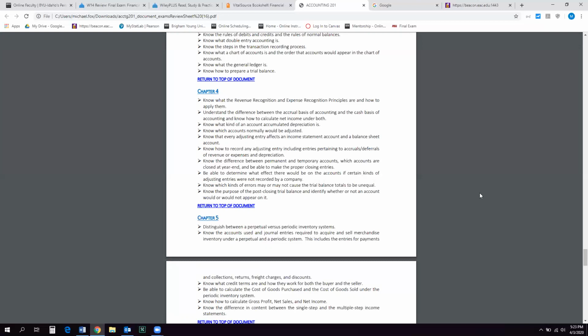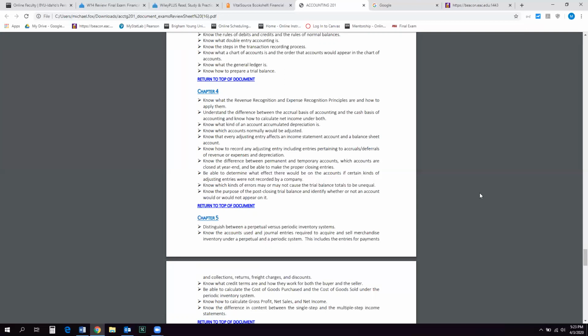That's the accrual basis of accounting. It has nothing to do with when we get paid for our work, because sometimes we get paid in advance, sometimes we get paid later, or when we get paid for the goods we sell, and it has nothing to do with when we pay for an expense. Sometimes we pay for an expense before we incur that expense, and other times we pay for it after.